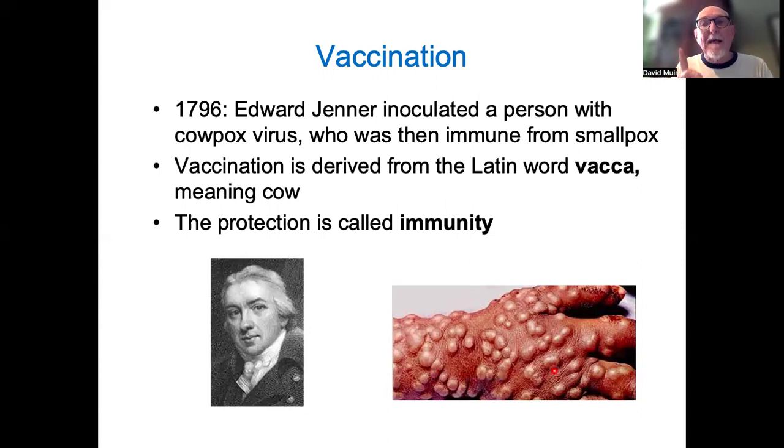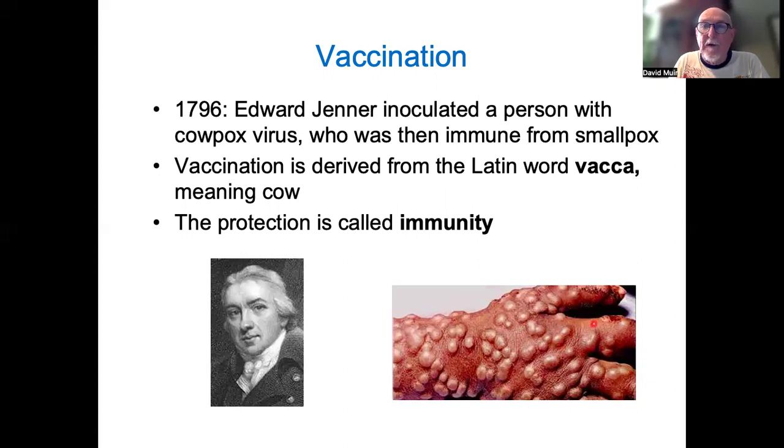The way in which they did it was that they would go to somebody who was recovering from smallpox. This was very important. The person had to be well on their way to recovering from the disease, but still have pox. And they would take liquid from these pocks.